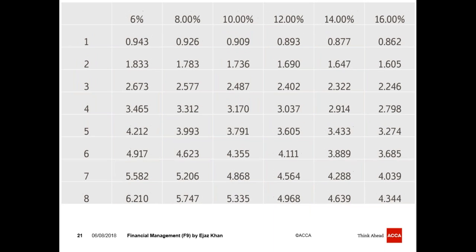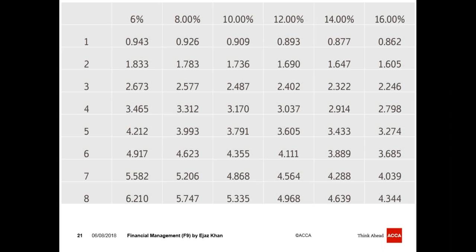But if you look at the next table, you can see all the values in the first row are less than 1 because it is just for 1 year. But in the second row, the values are more than 1 because these values show the sum of discount factors.